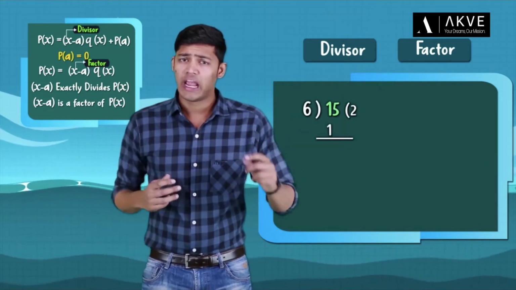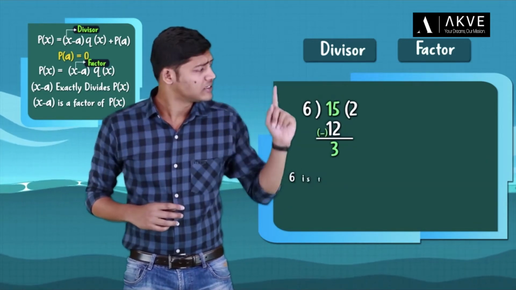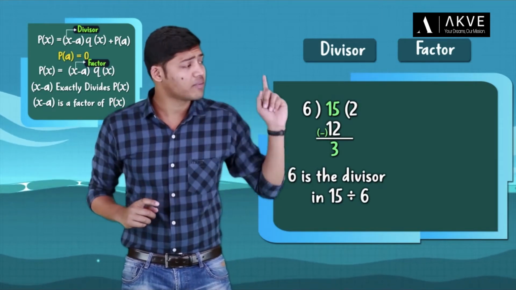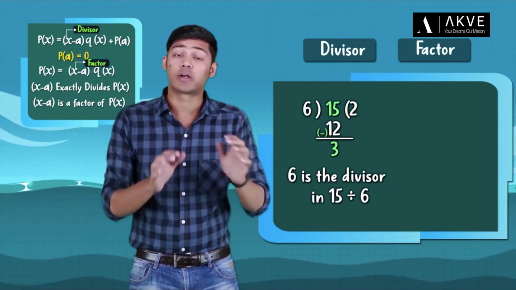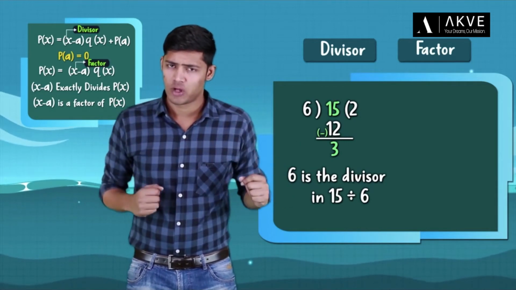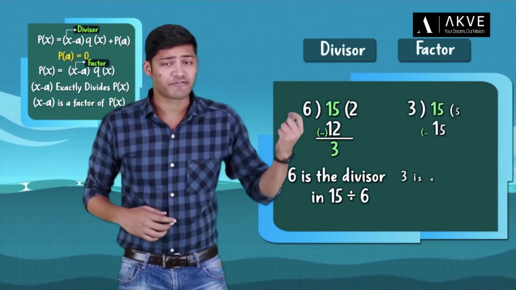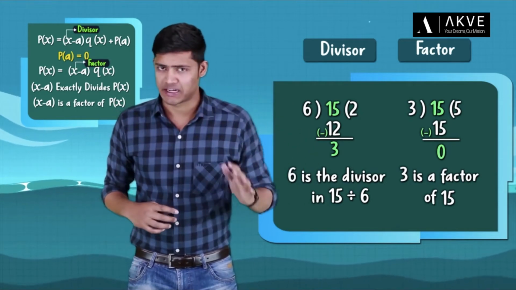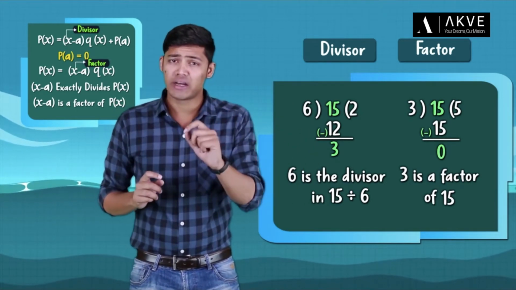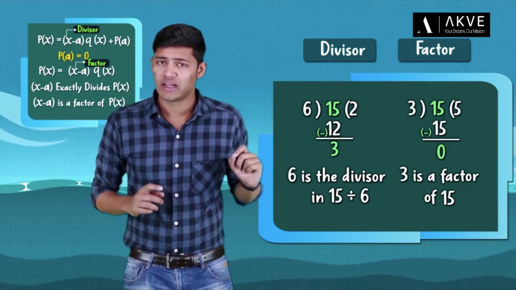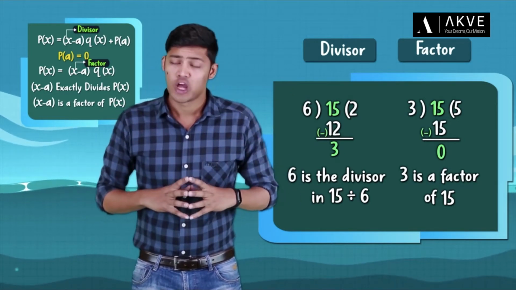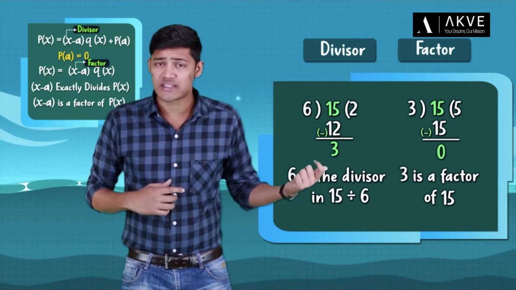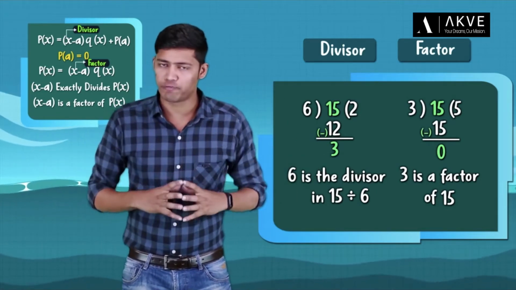For example, in 15 divided by 6, 6 is only the divisor, since the remainder is equal to 3 but not equal to 0. On the other hand, 3 is a factor of 15 since it divides 15 exactly. That is, when 15 is divided by 3, the remainder is 0. So, in 15 divided by 3, 3 is a divisor as well as a factor of 15.